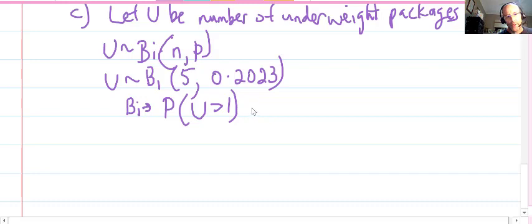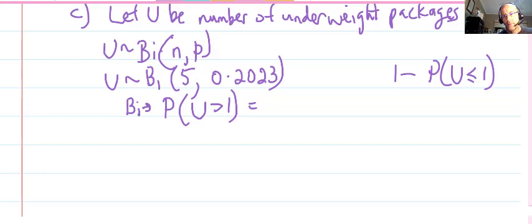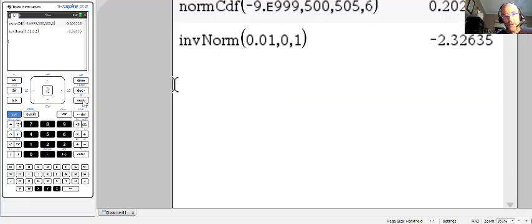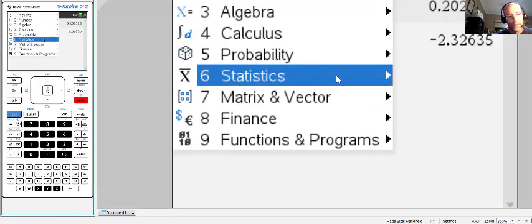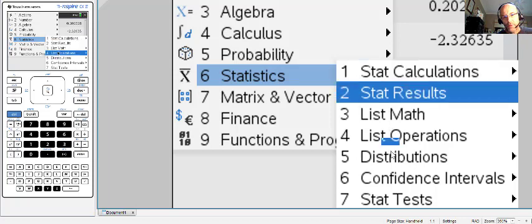and then we can go to our graphics calculator. Now you could use the complement. You could go 1, take the probability that u is less than or equal to 1, but you don't have to on a graphics calculator if it's tech active. You can actually just go straight in. So let's go straight in, and we've got statistics, we've got distributions.